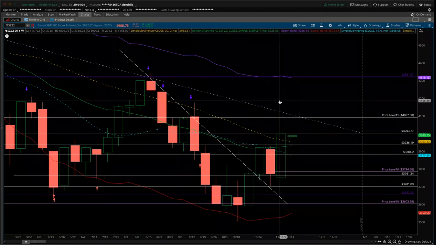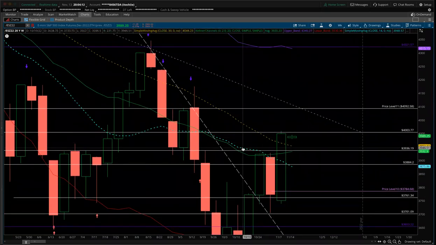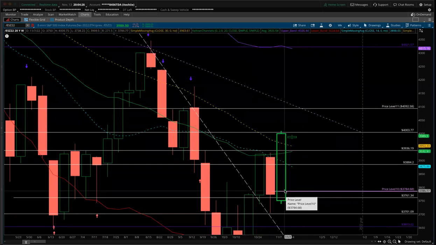But another key one was the 30 SMA, which is your yellow line here. The yellow dotted line is your 30, your 14 is the blue dotted line. You can change the color to what you want it to be, and green is the middle Celt. Now what I'm looking for is an inside week, possibly, or a retest back to 3936.19.